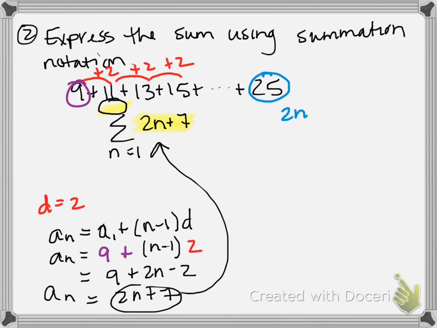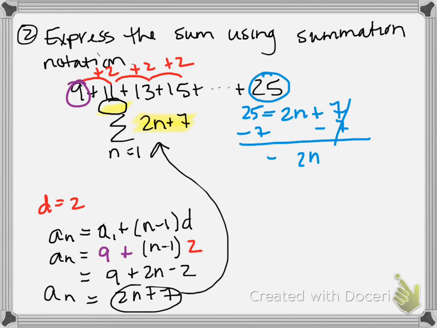So I have this rule to help me figure out each term in the sequence. And I really want to find n because n is going to be what I put up here, okay, eventually. So what I'm going to do is subtract 7.